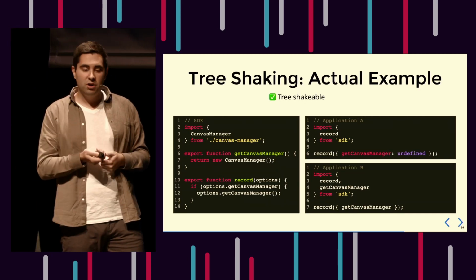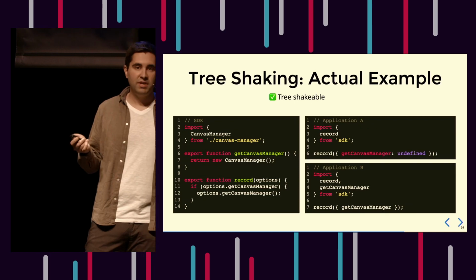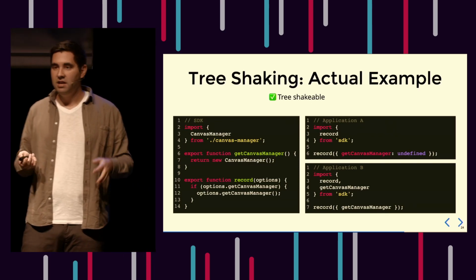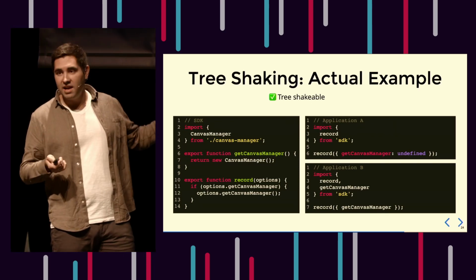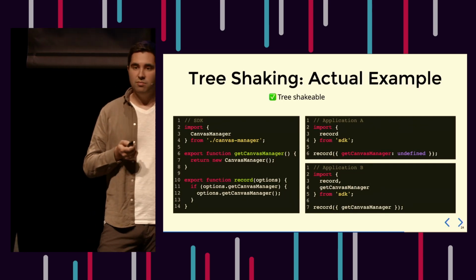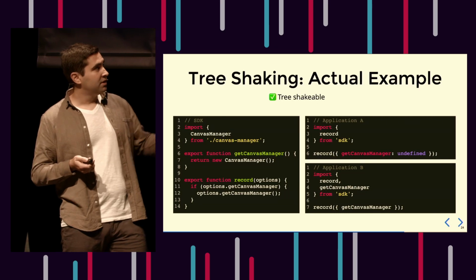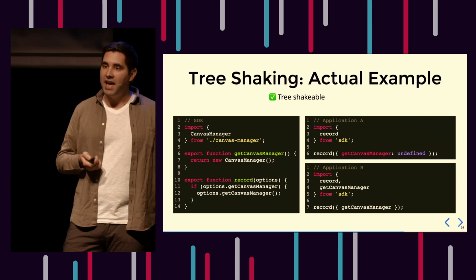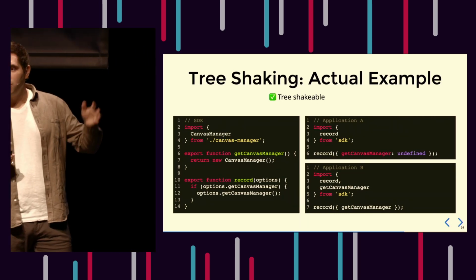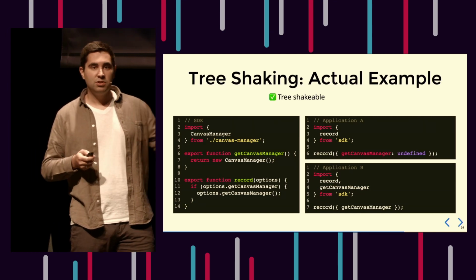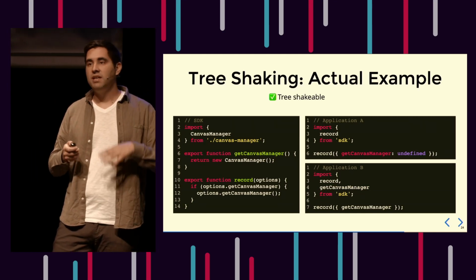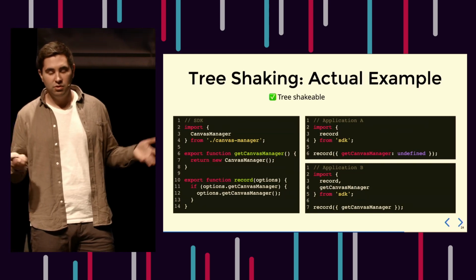We would just import record and call it with getCanvasManager as undefined. In this example, all the canvas code would be tree shaken away and removed from our build. In the example below, we are importing record and getCanvasManager, and passing it to the record function. So we know we need this code, and the bundler will leave it in your build.